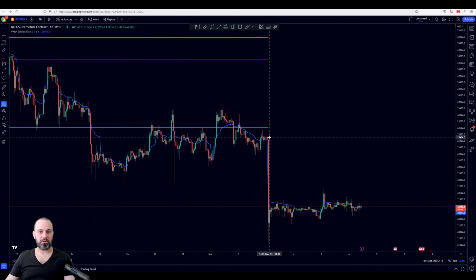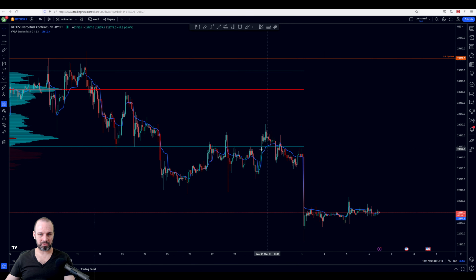Maybe you moved your stop loss to entry, but it is safe to assume that we will have our stop losses in this area. Also, if you shorted this one, this one, this one, your stop loss should still be in this area. So this is an area with some liquidity in terms of stop losses, and this is something we need to take into consideration.